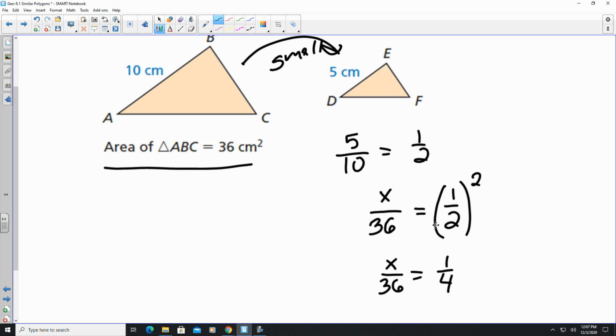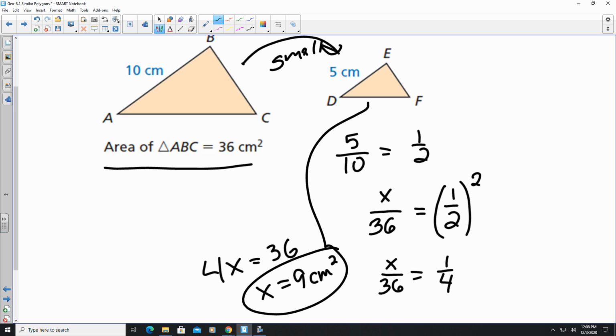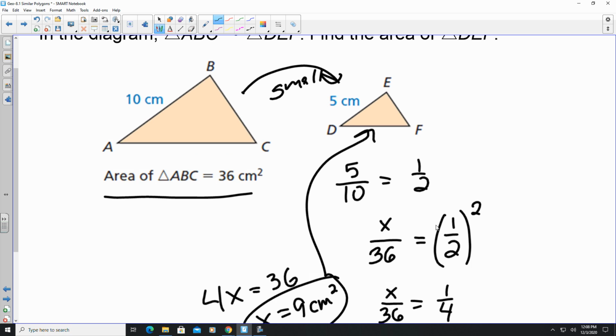When I do the cross products, I get 4x is equal to 36. Divide everything by 4, x is equal to 9. So 9 square centimeters is the area of triangle DEF.